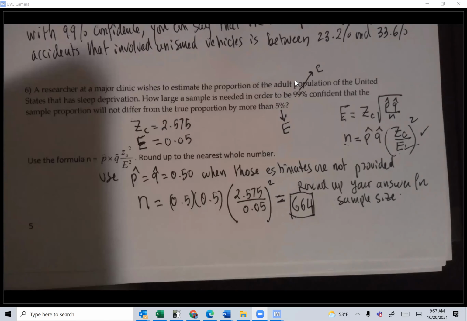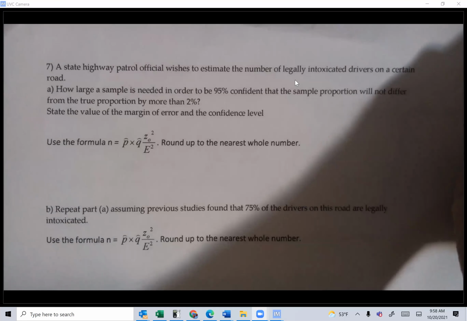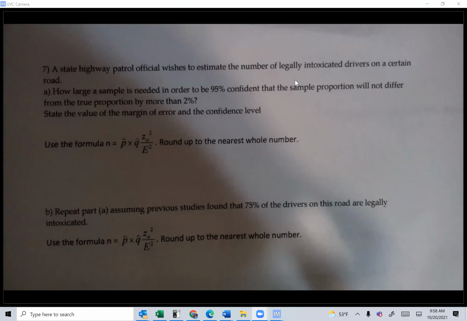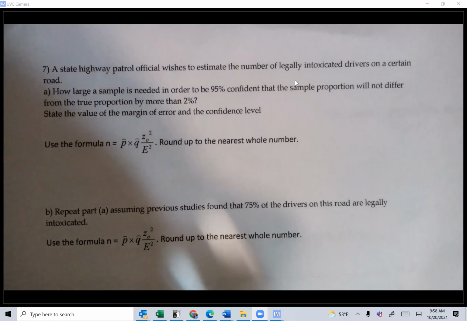How large should the sample be, so how many should he pull over, in order to be 95% confident that the sample proportion will not differ from the true proportion by no more than 2%? So he wants his work to have a margin of error of no more than 2%, guys. That's very close to the true proportion. So that's c, and we agree, guys, that that's E.